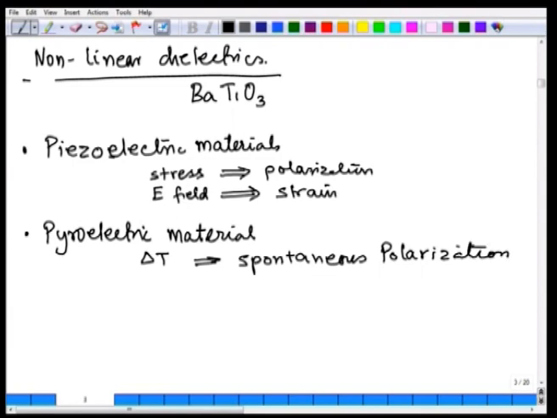As opposed to piezoelectrics, where you apply stress and then you have polarization, but if you do not apply it there is no polarization, in a pyroelectric material, if you change the temperature, it results in a spontaneous polarization. That means it is permanent in nature. Even when you remove delta T, some polarization may remain in the material.